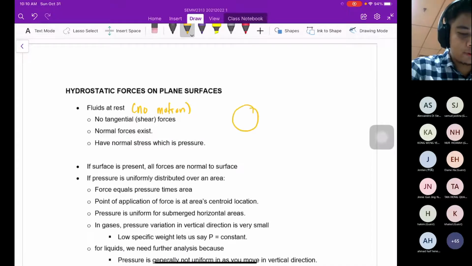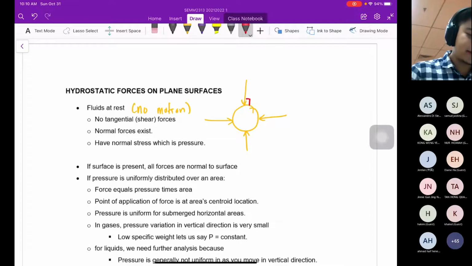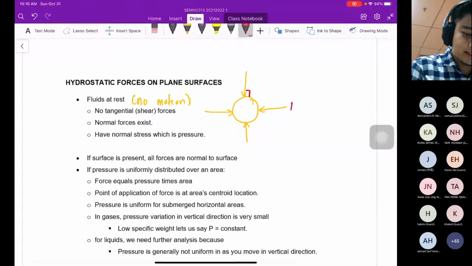The normal forces always act perpendicular to the surface, and we have normal stress, which is pressure. So the pressure here is a force, which is F equal to P over area.